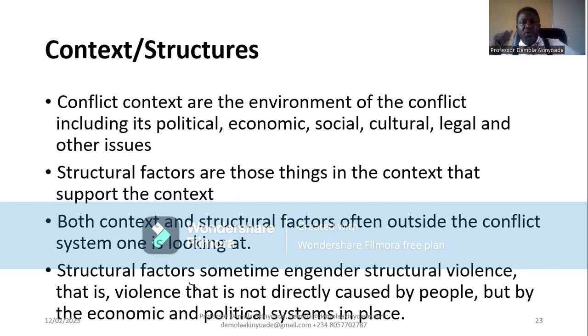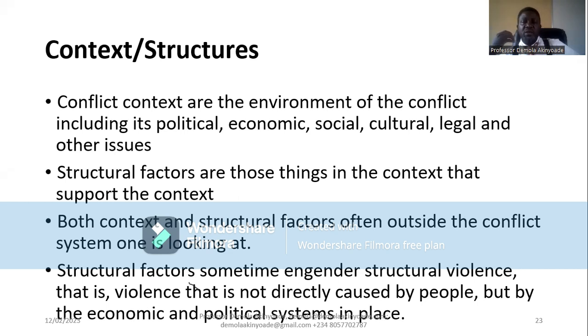Context and structures of conflict are the environment within which the conflict is happening. Political, economic, social, cultural, legal, and other issues that surround the conflict, within which the conflict is nested.